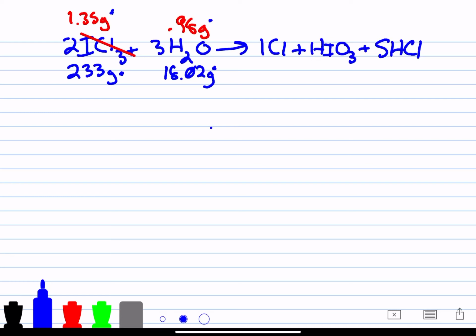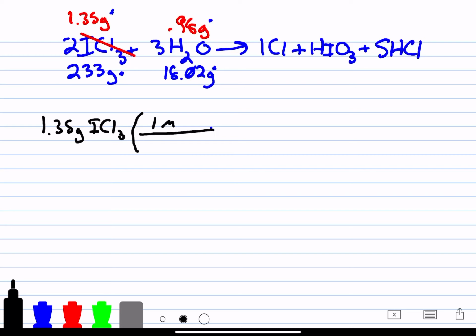So now that we know that's our limiting reactant, we can solve for how many moles of HCl we're going to get. We do that by using dimensional analysis. So 1.35 grams of ICl3, we have 1 mole is equal to 233.25 grams. Now here is where the stoichiometric ratio comes into play.